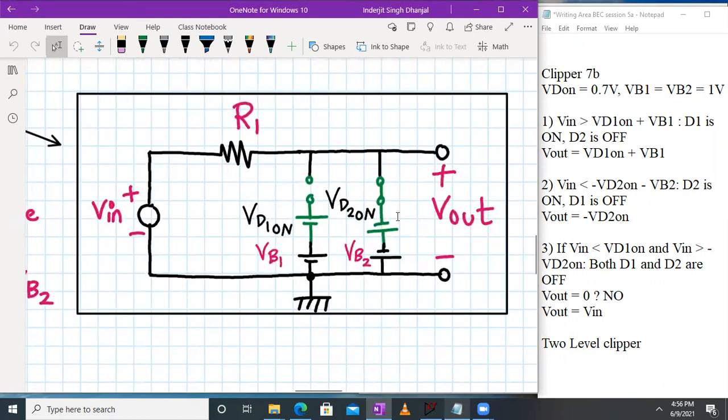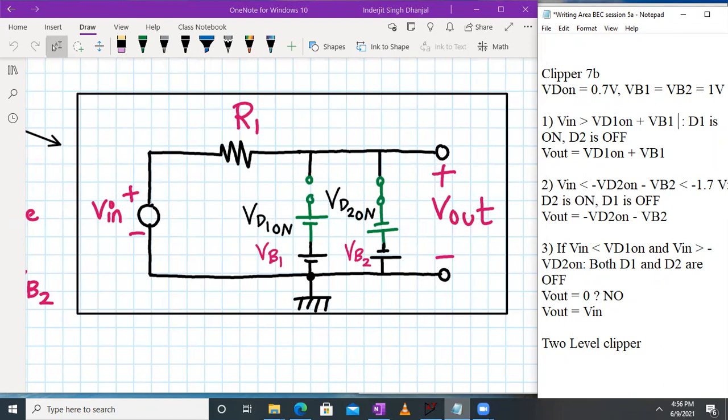So what will Vout be? Vout will be equal to minus VD2 on minus VB2. So what is this number? This will be minus 1.7 volts, and the positive level will be 0.7 plus 1 volt, that is 1.7 volts. That's what we get using the constant voltage model.